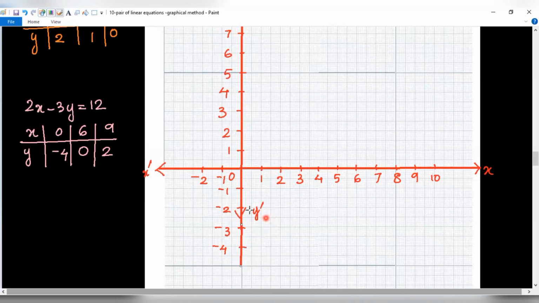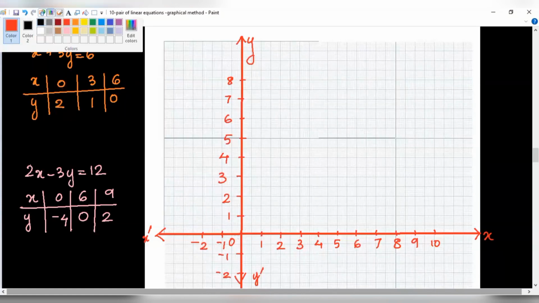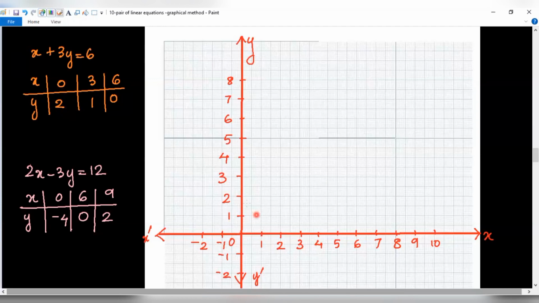Now, -1, -2, -3, -2. Okay. Which are points we have to consider? First one is 0, 2. Okay. x is 0 and y is 2. This is the required point, no? Let us take it as A. So A is 0, 2. Next, B is 3, 1.